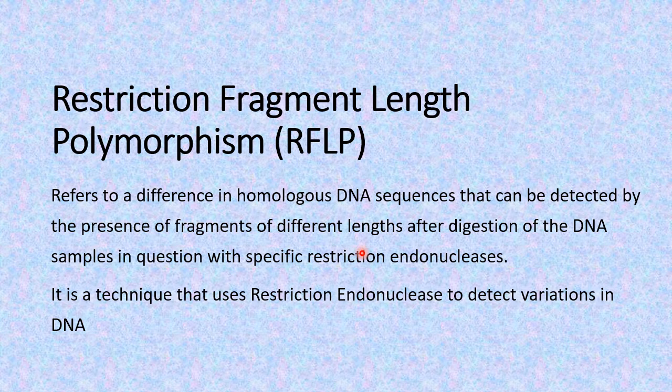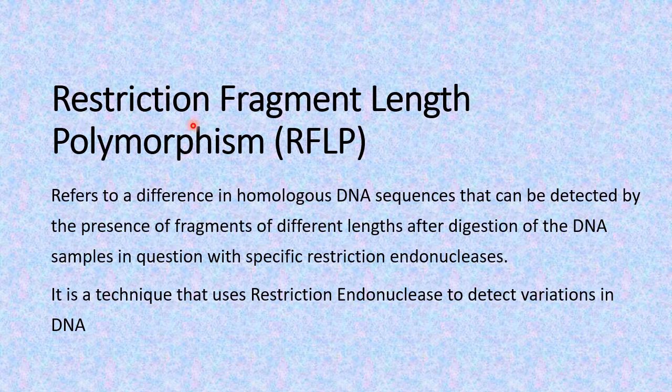RFLP, or the restriction fragment length polymorphism. This technique basically depends upon the variation in the homologous DNA sequences. Variation in the length of the fragments that are obtained when this particular homologous DNA sequence is subjected to a restriction endonuclease.